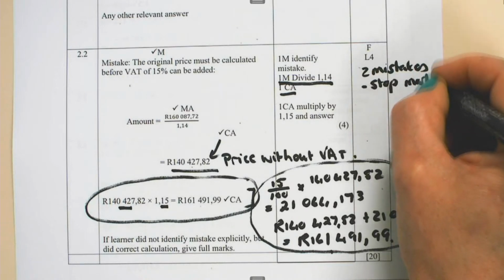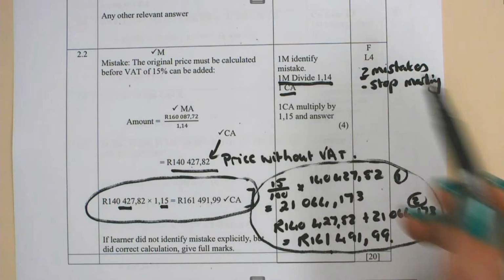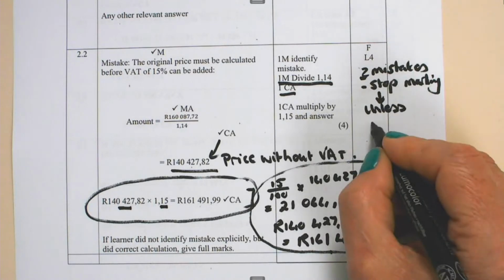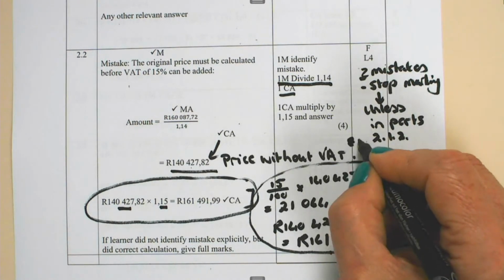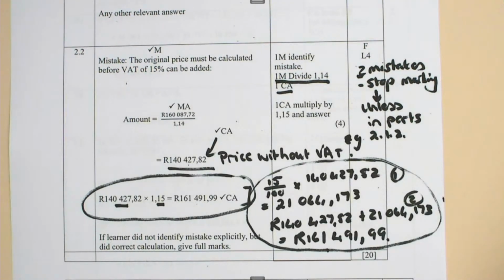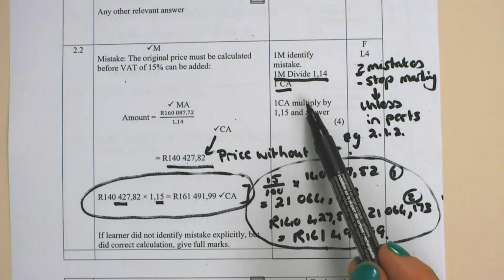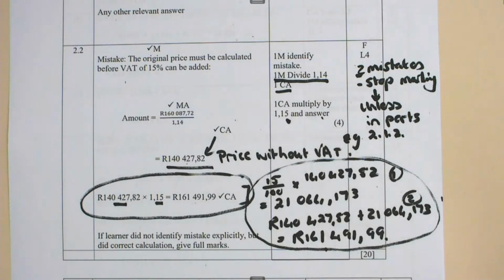Unless we are breaking it up in small pieces like I did with the 2.1.2 question. There, where we have divided it into different parts, we will not apply the rule of 2 mistakes, stop marking. Okay, so there is a CA. Then here is a mark for multiplying by 1,15 and getting the answer.